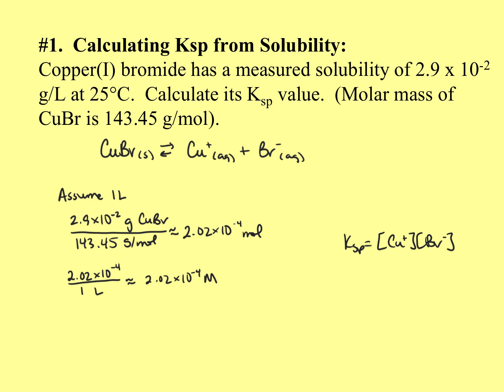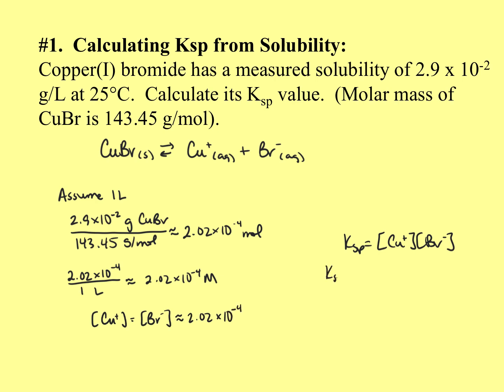Now, I think it is a good idea to understand what's happening here. Make sure you pay attention to the molar ratios at this point. For every 1 mole of CuBr, you're going to get 1 mole of Cu positive ion and 1 mole of Br minus ion. Because of that 1-to-1 ratio, the Cu positive and Br minus concentrations are equal, 2.02 times 10 to the negative 4.